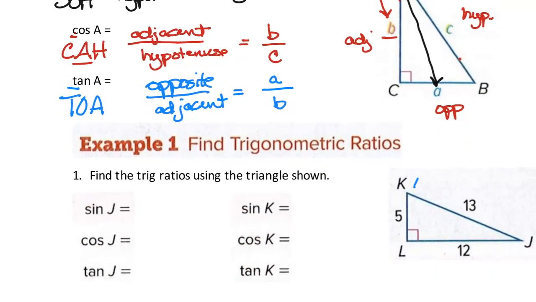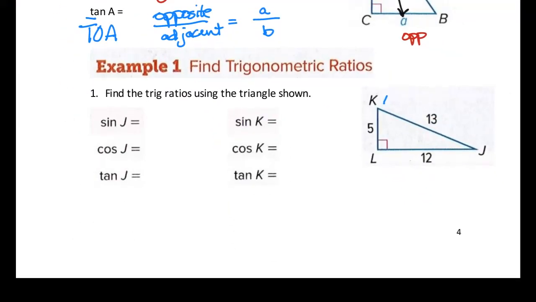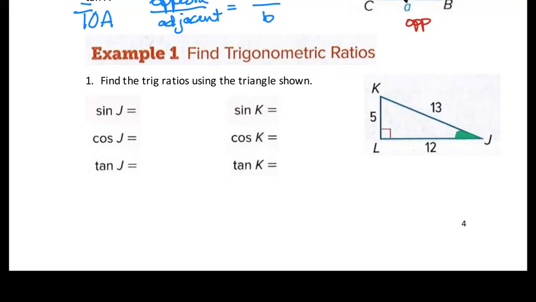All right, let's take a look at the bottom. So, notice it asks us to find the sine of J, the cosine of J, and the tangent of J. So, first of all, we are going to look at everything from this angle J. Okay? I want us to go ahead and label opposite, adjacent, and hypotenuse.